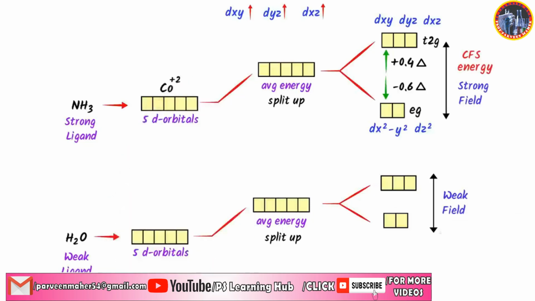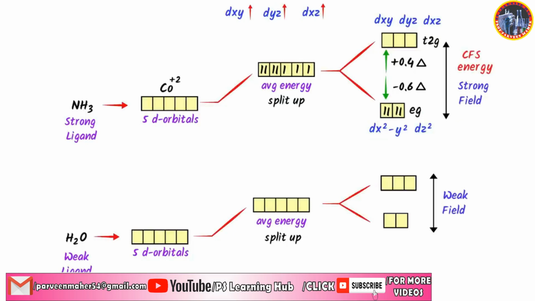Consider cobalt reacting with NH3. We know that it has 7 electrons in its d orbitals. Firstly, I fill the orbitals with 1 electron each, 1 and 2. Now the energy gap is very high between these two sets, so the third electron will stay in this orbital. The fourth electron will stay in this orbital.